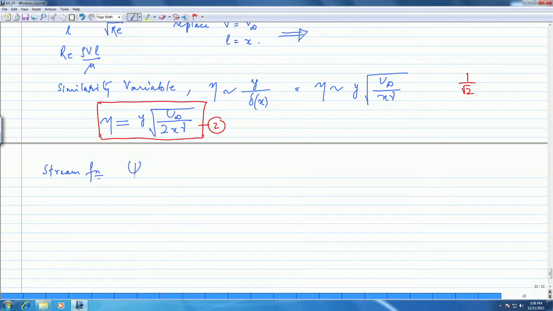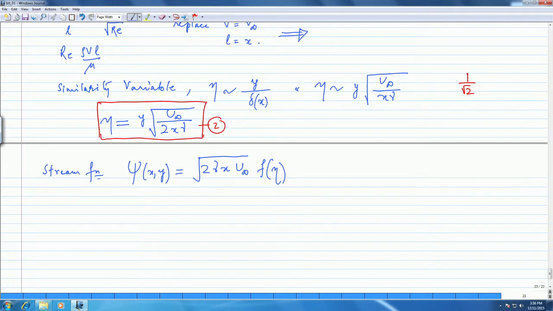And that stream function, psi of x and y, is equal to 2 nu x u infinity, under root, and a function of eta.